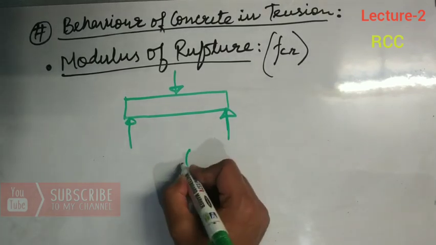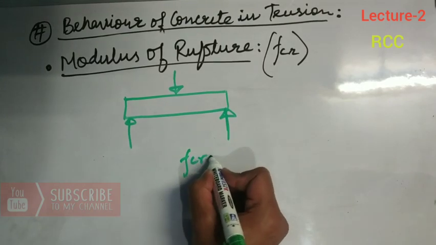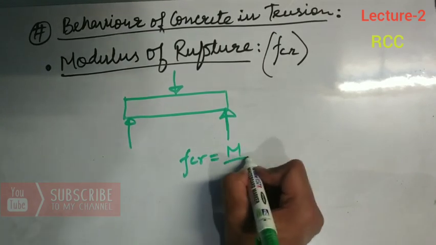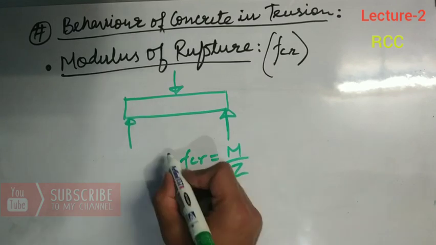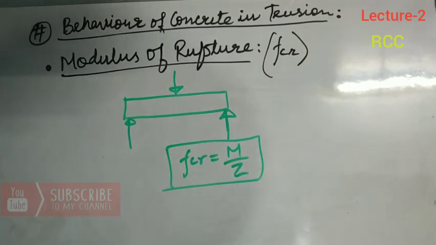So this modulus of rupture denoted by FCR is simply given as M by Z, where M is the bending moment that causes failure and Z is the section modulus. But remember, the actual stress distribution across the section is not linear.